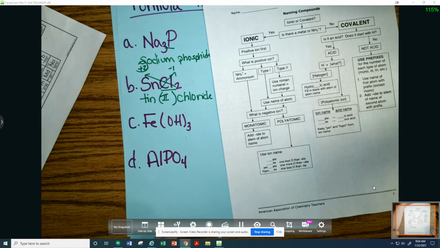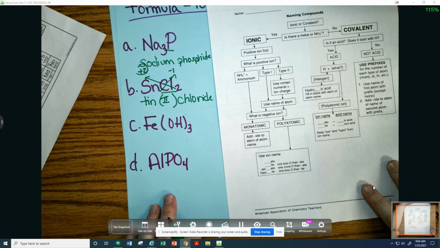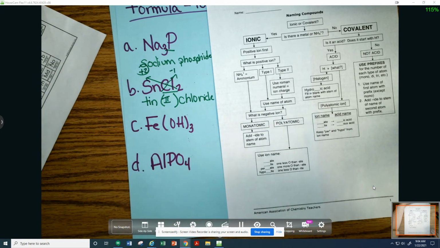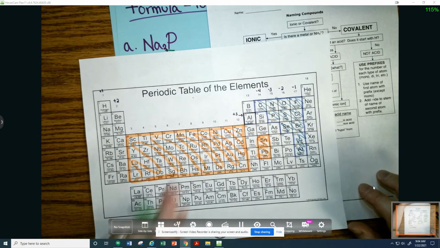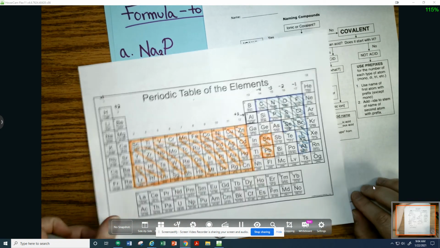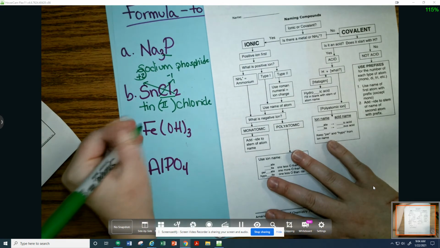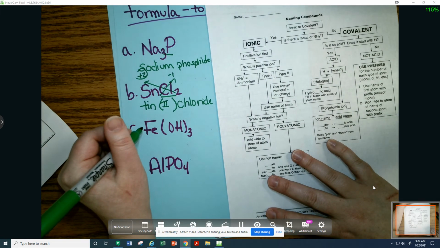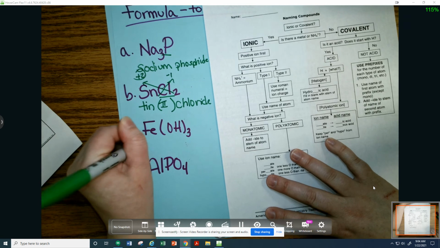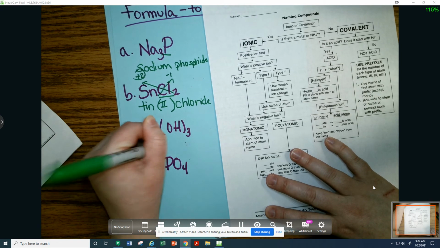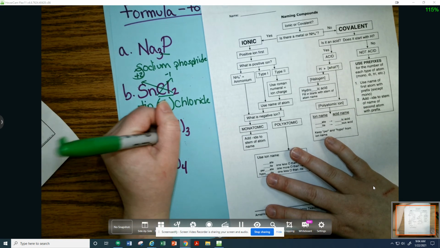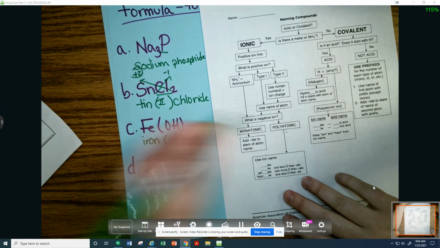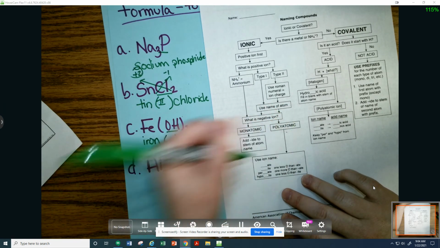The next example here is Fe(OH)3. So the positive is first. Is it a type 1 or type 2? It's going to be a type 2 because iron is in the transition metal region. So this is, or not, I think I said tin, sorry, but I meant iron. So here's iron. We are going to need a Roman numeral. And is it mono or poly? Well, we can see 2 different elements, therefore it's a polyatomic.